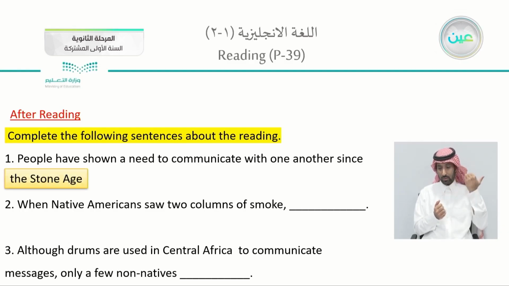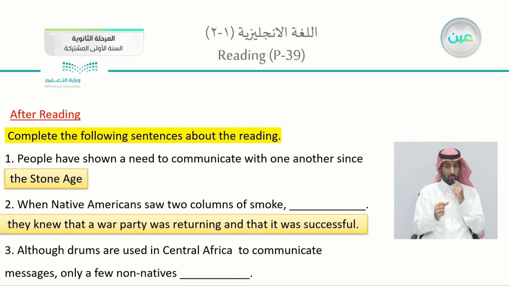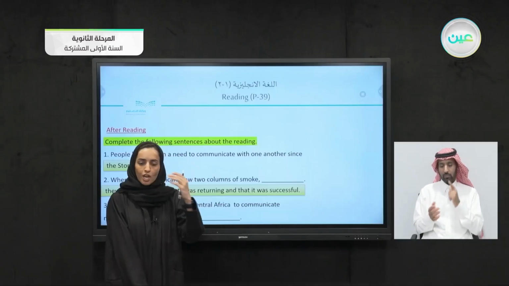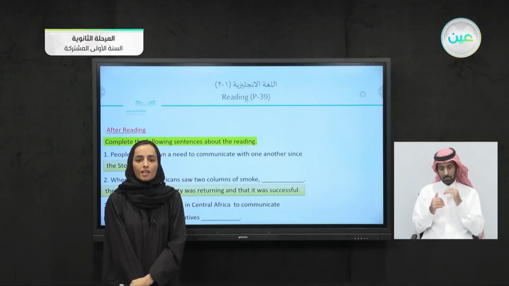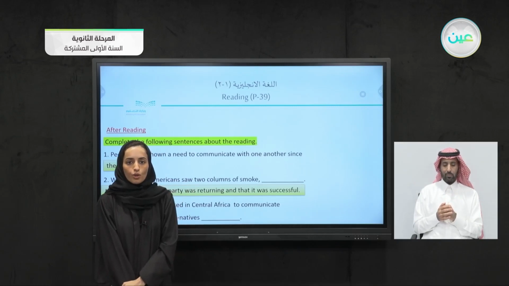When Native Americans saw 2 columns of smoke, what does it mean? It has a meaning, which is they knew that the war party was returning and it was a successful one. That a party of war is coming and they are winning. They have won the war.